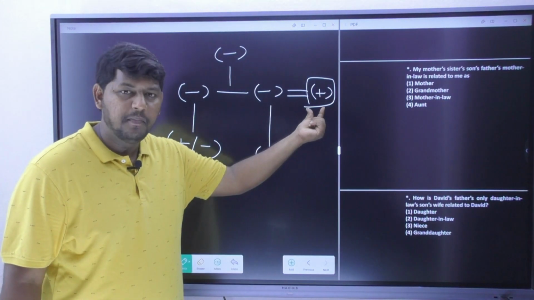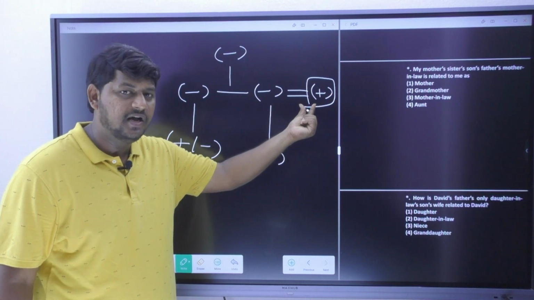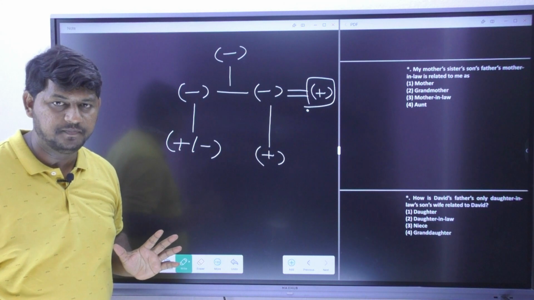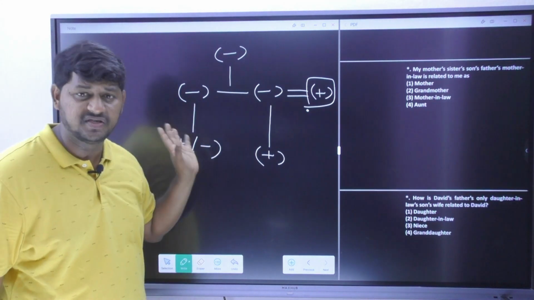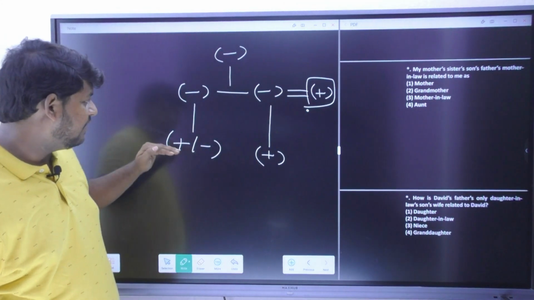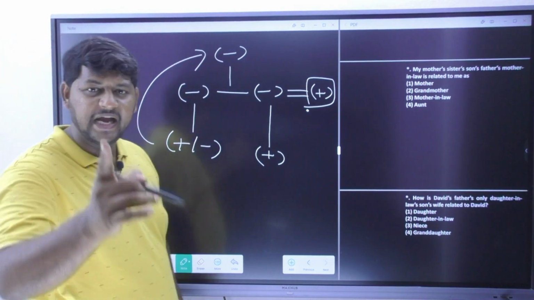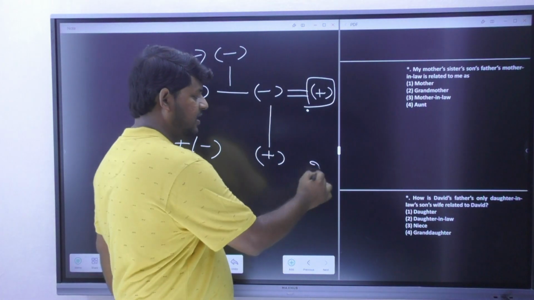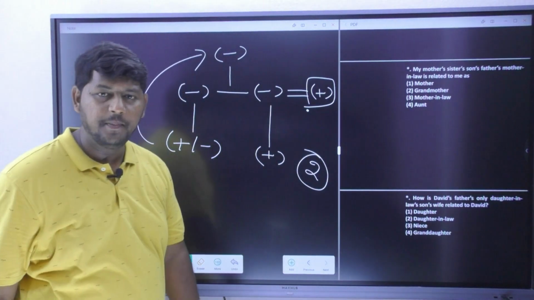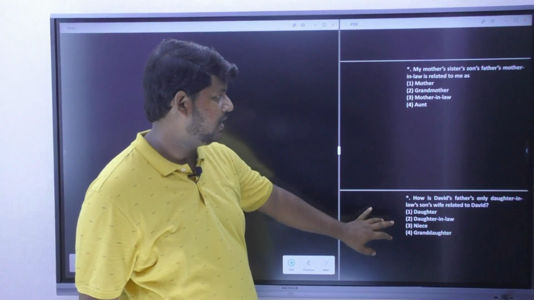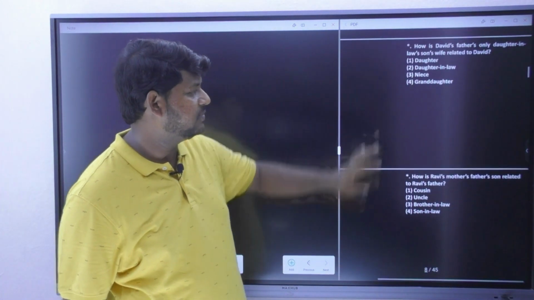Now this male person should have a mother-in-law, and this male person's mother-in-law is going to come over here, mother of these two sisters. Correct? Now our speaker is going to call this lady as what? Grandmother. That is option number 2. Am I correct? Your answer becomes what? Option number 2. Now let's move on to the next question, please.